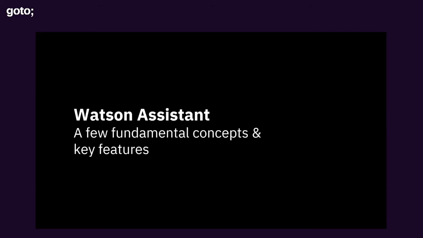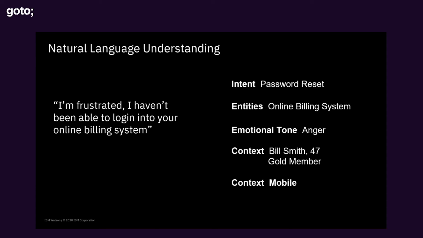Now I'll switch to a brief introduction to some of the fundamental concepts and key features that are powering Watson Assistant. First of all, there's natural language understanding. Here you see a sentence to the left: I'm frustrated. I haven't been able to log in to your online billing system. I will explain these different topics on the next slide, but here very briefly.